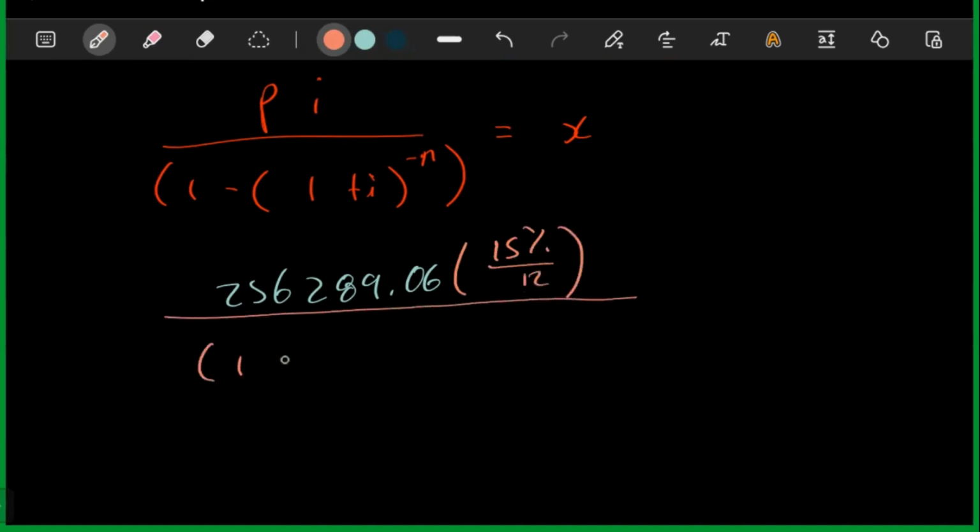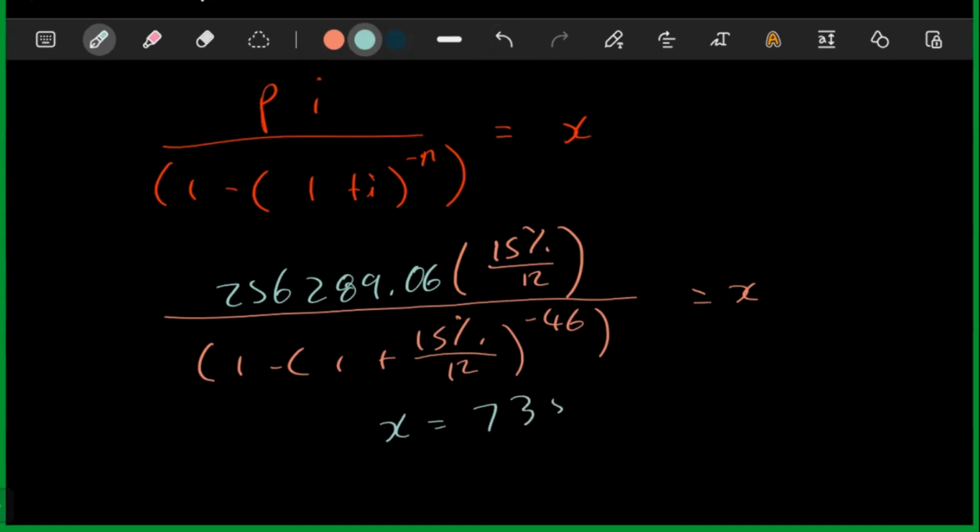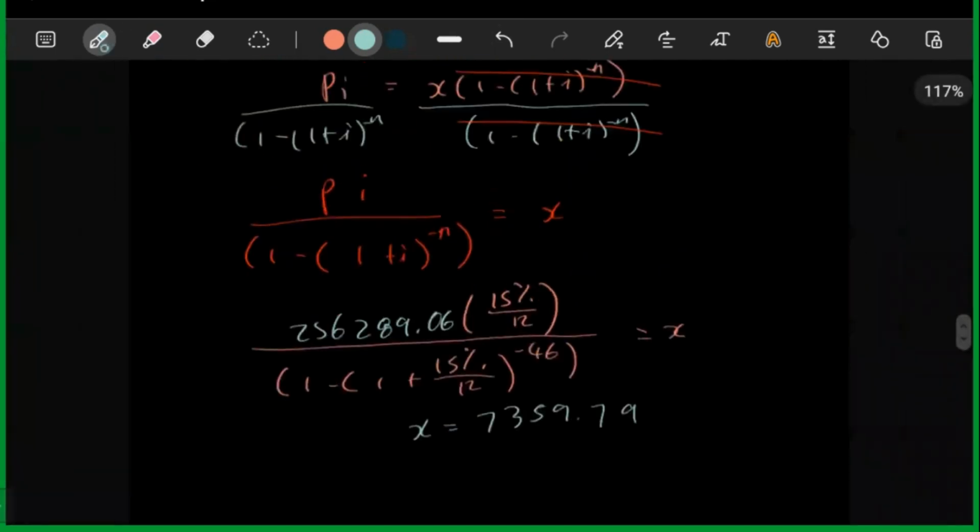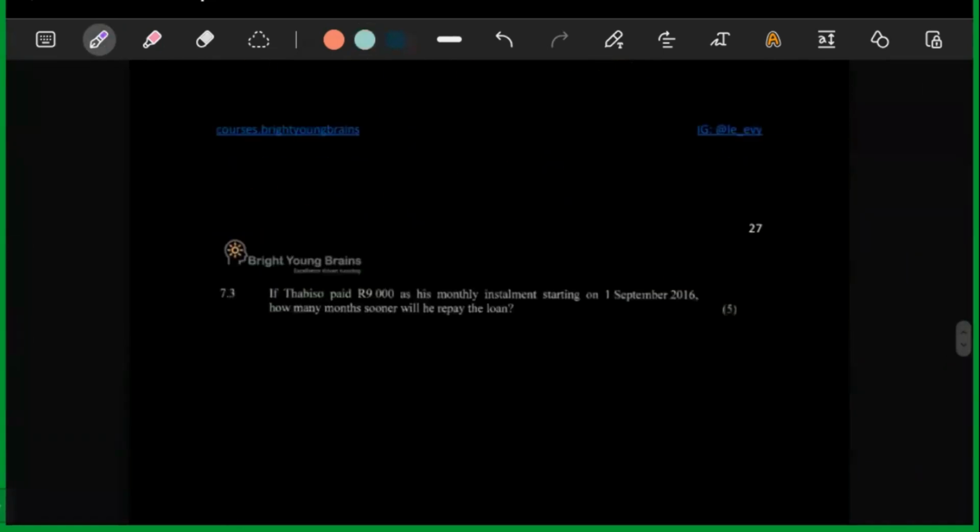This all gives us the value of x. Everything is nice, but we just need to make sure that we put the numbers in correctly, otherwise we'll face an unnecessary problem. In the calculator, we're getting 7,359 point something. Rounded to two decimal places, that's his monthly installment if he wants to pay off the loan in time.